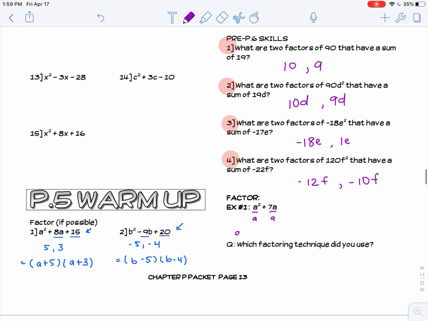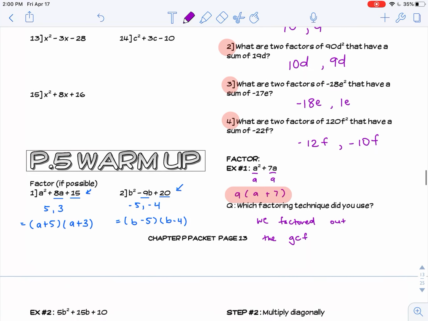So if we factored out a, we would be left with a plus 7. We did this earlier in this section. So what technique? We factored out the greatest common factor.